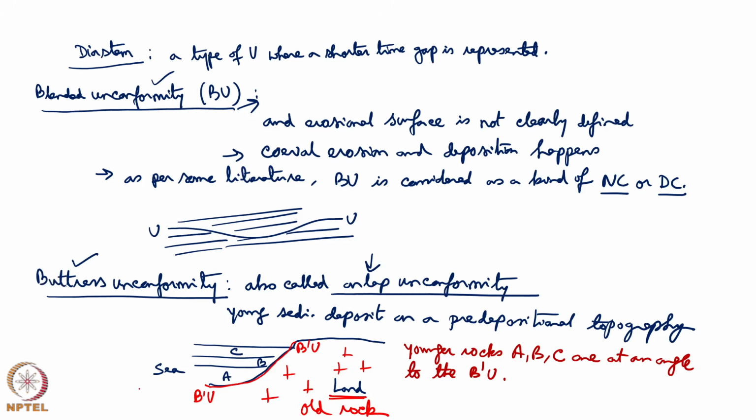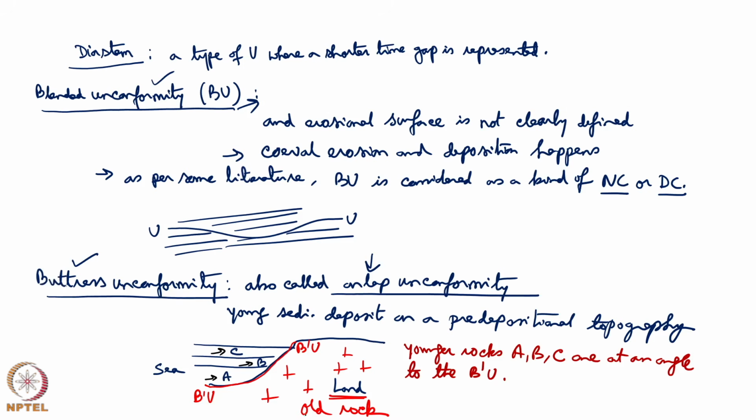So, what has happened, if we put it in a different way, the younger units A, B and C got terminated at an angular relation with the buttress unconformity. Rocks below this buttress unconformity may not be parallel to it.